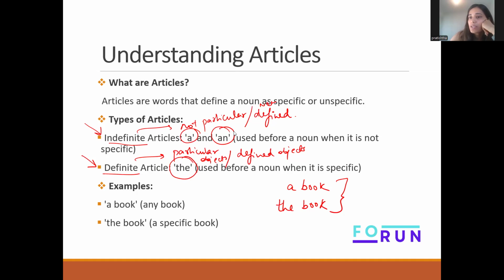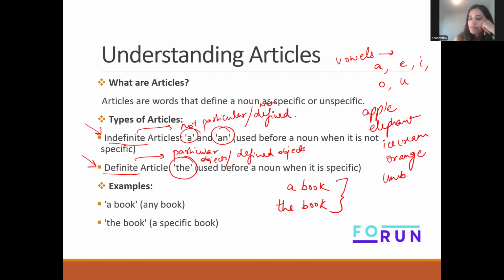If you remember, we have also done vowels, right? So in English, vowels are A, E, I, O, and U. So any word that starts with A is a vowel. For example, apple, elephant, ice cream, orange, umbrella.